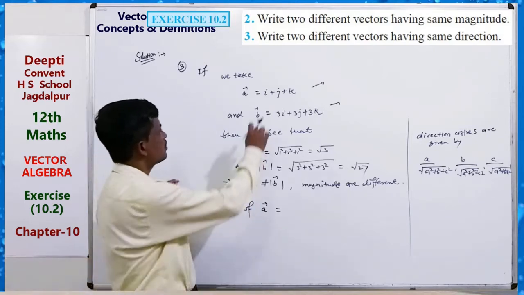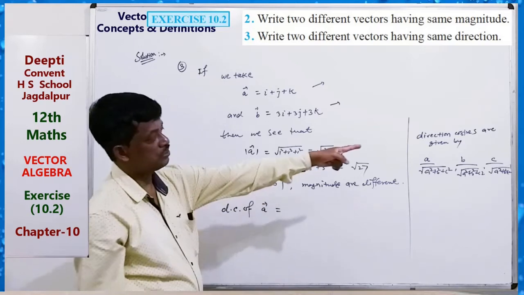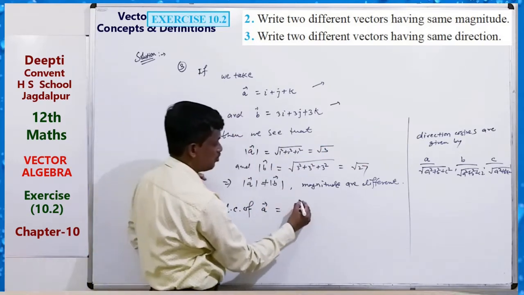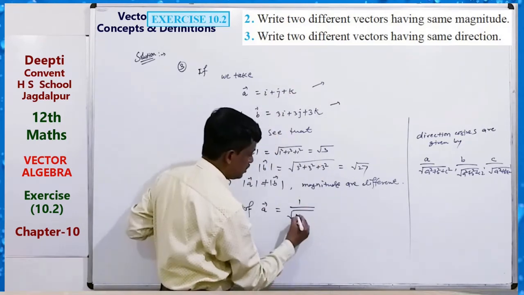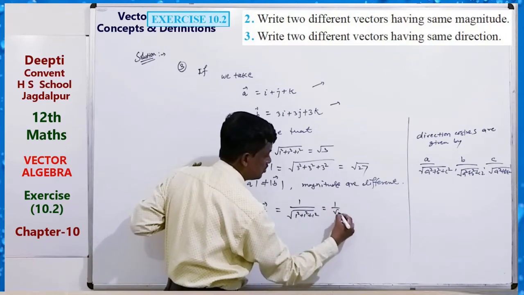Here direction ratios are 1, 1, 1. So direction cosines of vector A are 1 upon root of 1 square plus 1 square plus 1 square, equals 1 upon root 3.